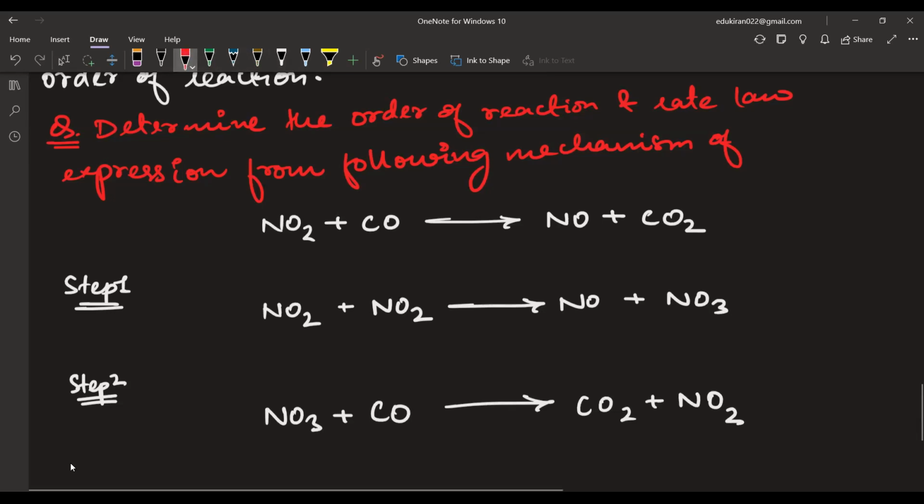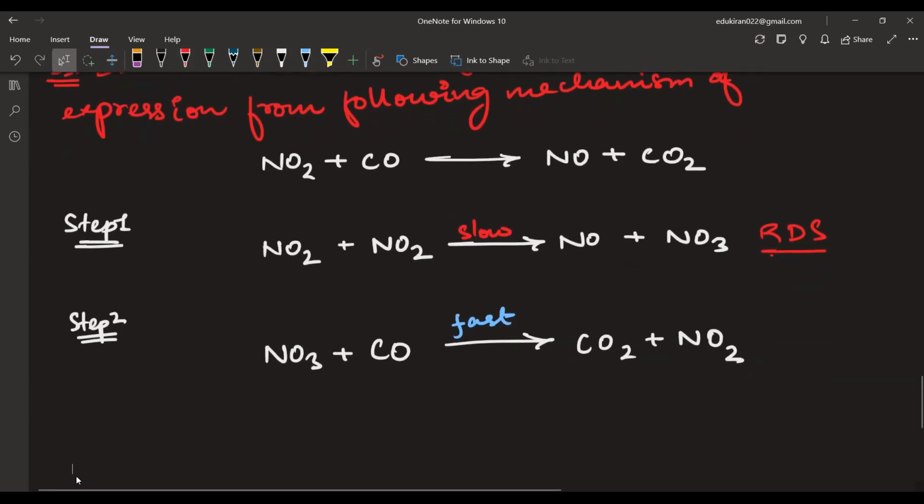Now here this reaction is slow and this is fast. Now you tell me which step is the RDS, step one or step two? Step one. Very good. This is my RDS.